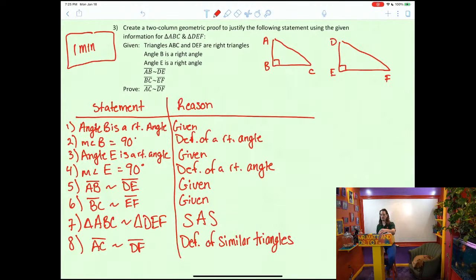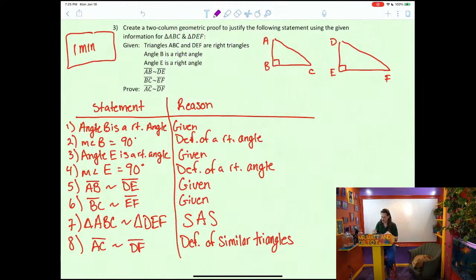Okay, so here, if we start with the given information that angle B is a right angle and define the measure of angle B to be equal to 90 because of the definition of a right angle, and then do the same thing for angle E, that establishes statements 1 through 4. And then we also know that the given information, oh, I'm sorry, let me squeeze this in here, actually.